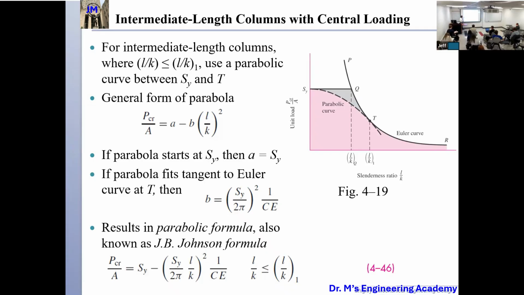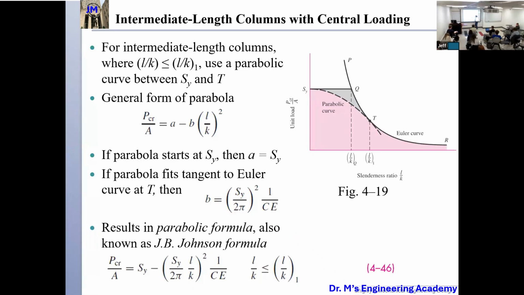If the parabola starts at S_y, then when L over K equals 0, I have S_y. When this term equals 0, this one is S_y, so A equals S_y. It's understandable, right, guys?